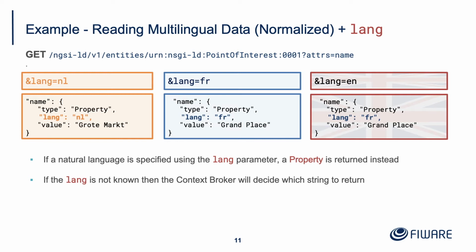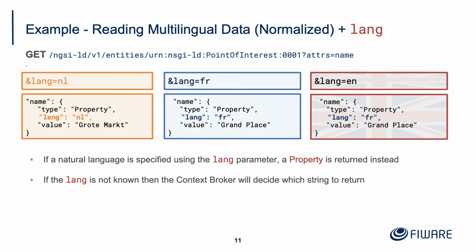So in this particular case, if you put lang is NL, it will just return back the Dutch string as a property, a simple string. Now, there's an additional non-reified attribute which is returned in the normalized response called lang, which is saying not only am I a string, I am a string in Dutch, I'm a string in French.